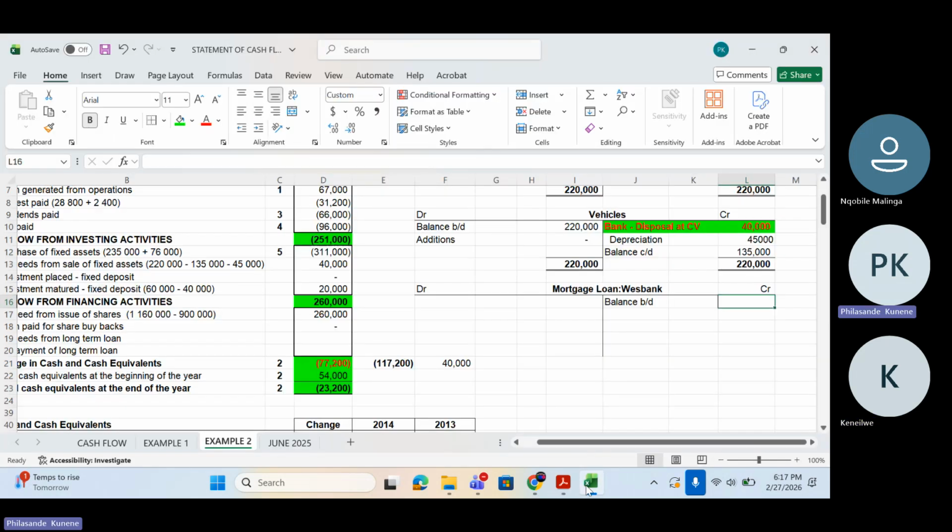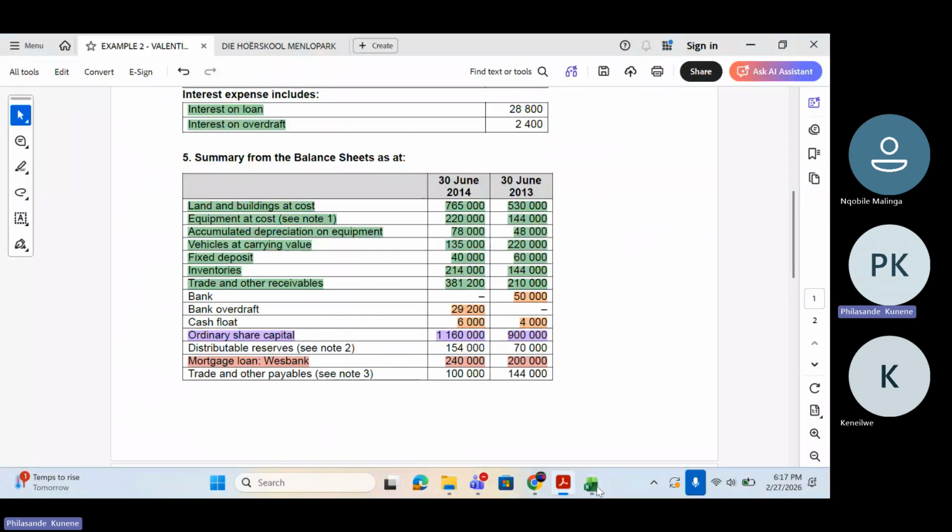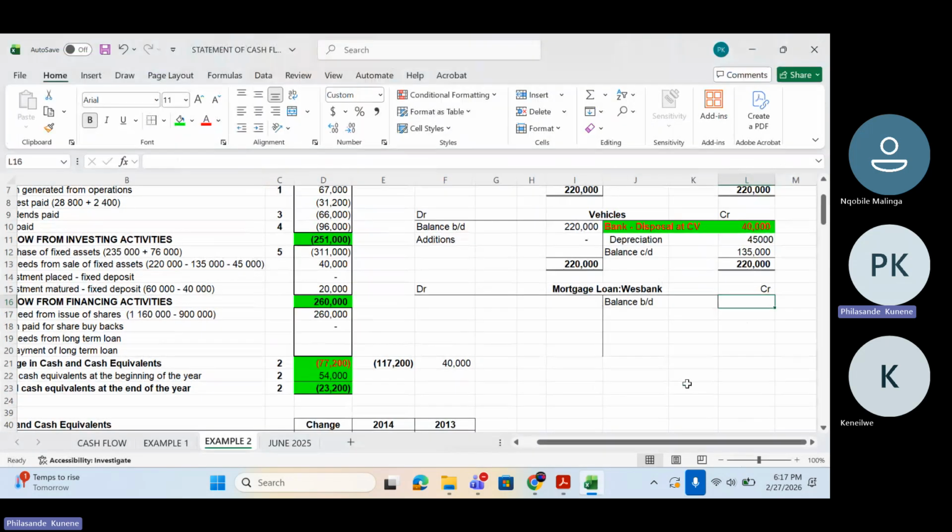But I want us to go to our T account and finalize it there. 200,000, that is the opening balance. 240,000, that is our closing balance. 200,000 is our opening balance, that is balance brought down. And then our balance carried down, we're having how much? 240,000 rands. Okay.